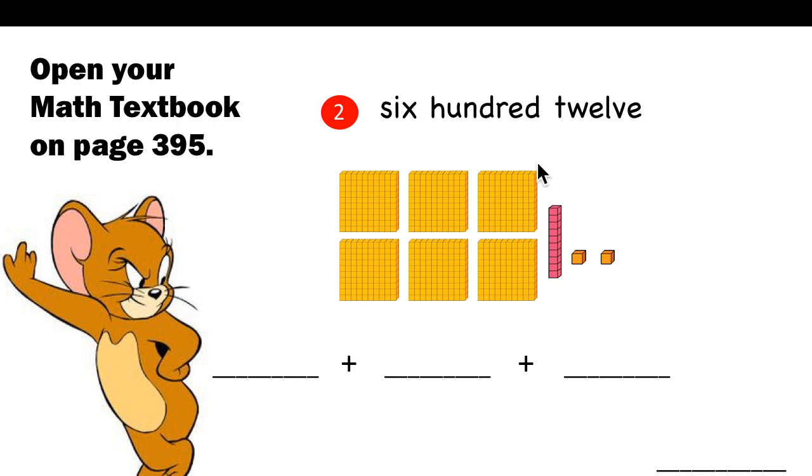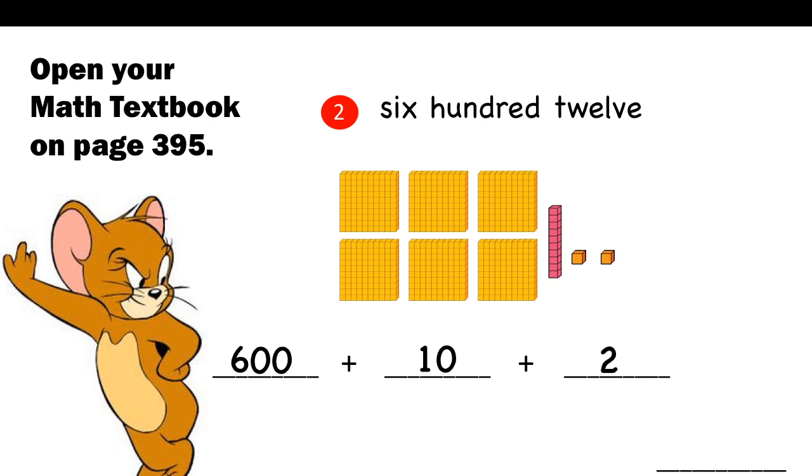Let's read the number in the word form. 612. Now let's do the expanded form. First, we will count hundreds, then tens, then ones. How many hundreds do we have? 6. How many tens? 1. How many ones? 2.